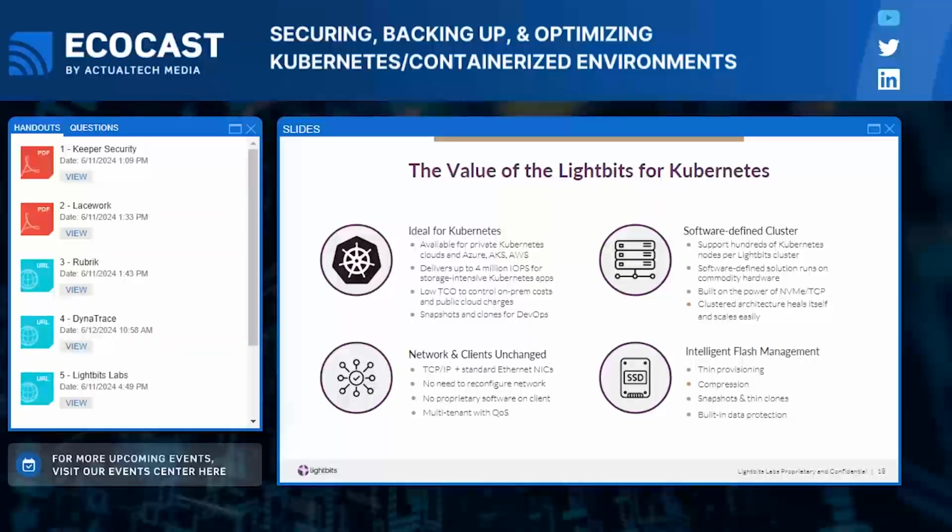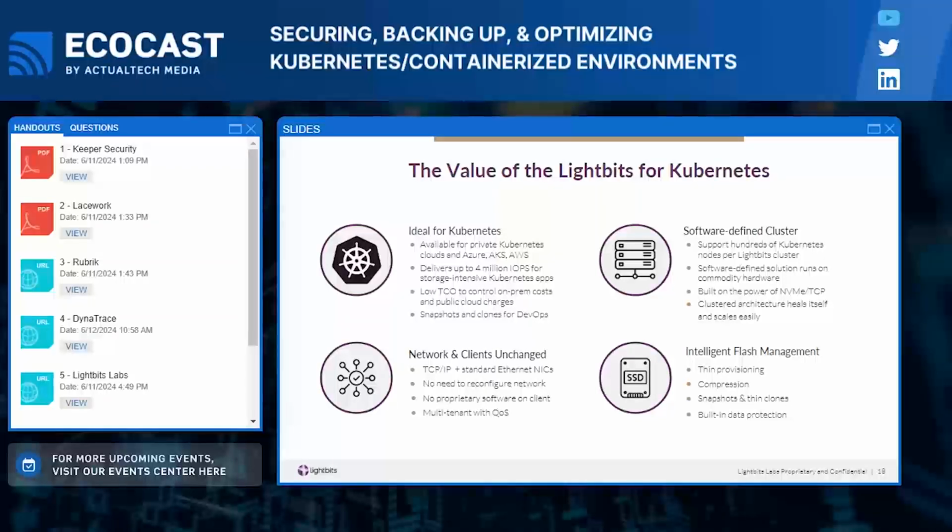And this isn't for the cluster, this is on the client side. 4 million IOPS for storage-intensive Kubernetes apps on a single node. That's very, very high performance. More performance than you'll probably need. But you spread an entire cluster's worth of performance across a large Kubernetes environment, and that's where you need that performance.